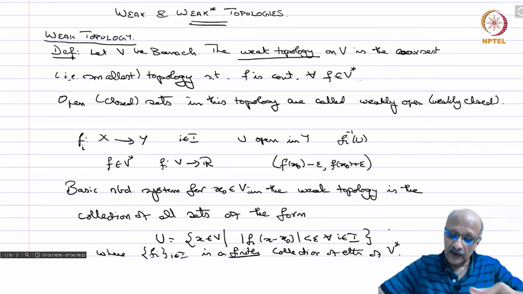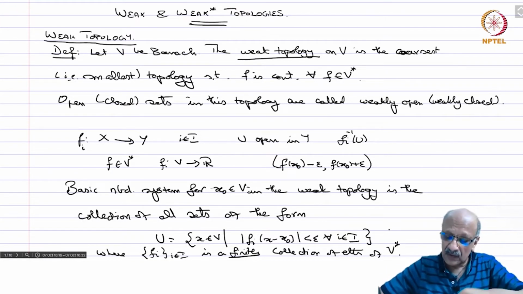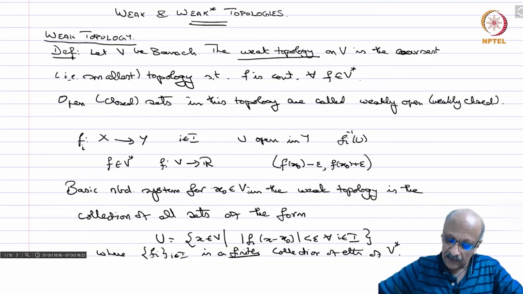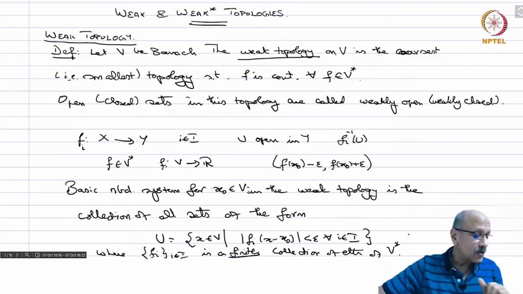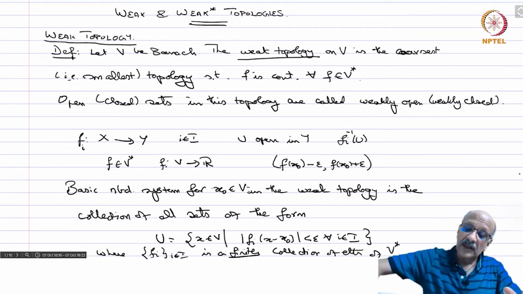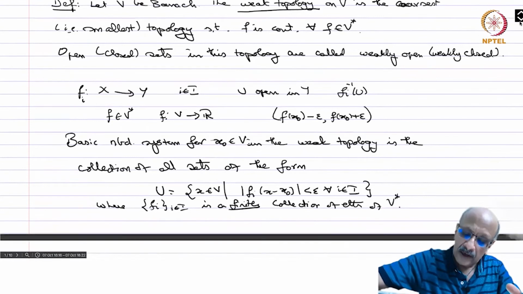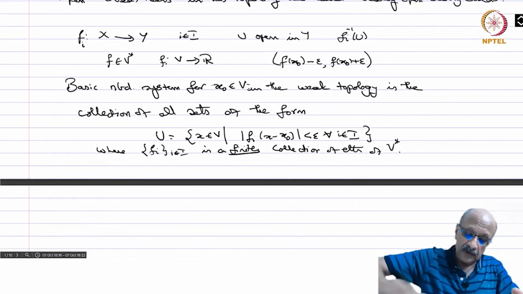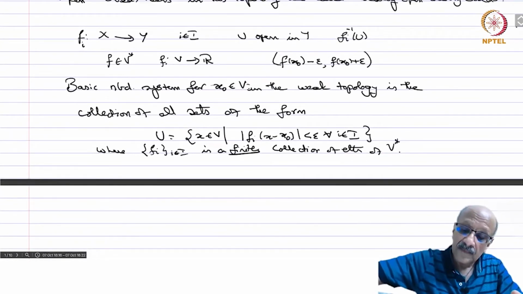So when I want to take finite intersection of sets of this form, I would take a finite number of functionals and then take the inverse image of all that and take the intersection. So this should be true for all i in I, and so this forms a neighborhood system. So given any point x naught, a typical neighborhood in the weak topology will look like this.